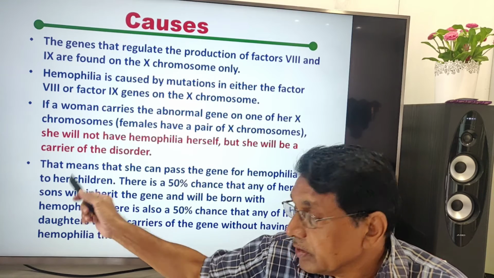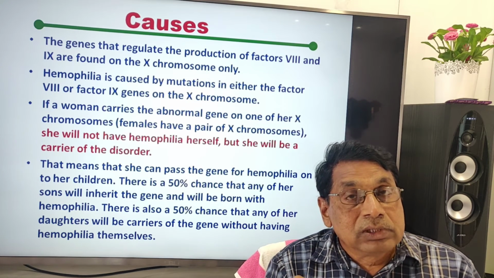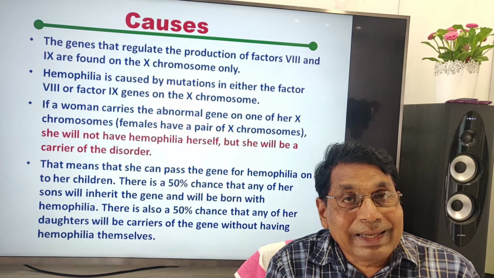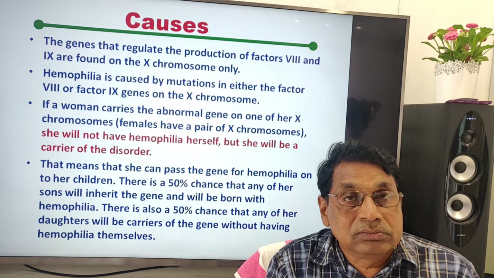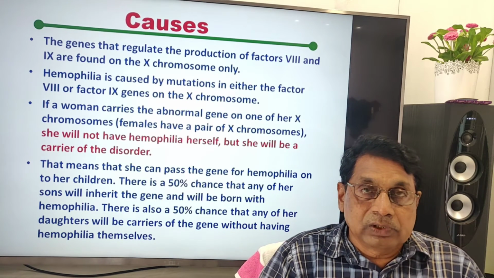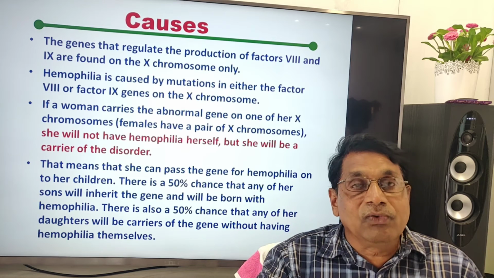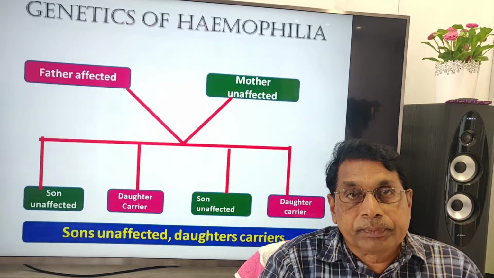Sons will be born with haemophilia because they have XY, with no corresponding X carrying the dominant gene. Sons become haemophilic, but daughters will become carriers.